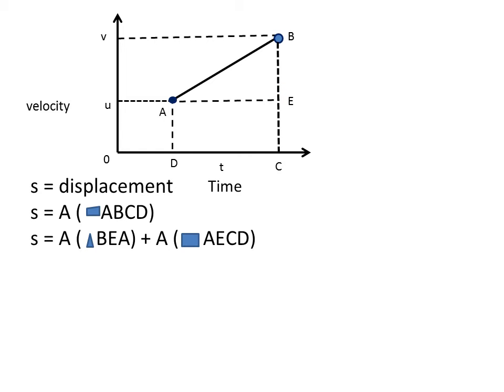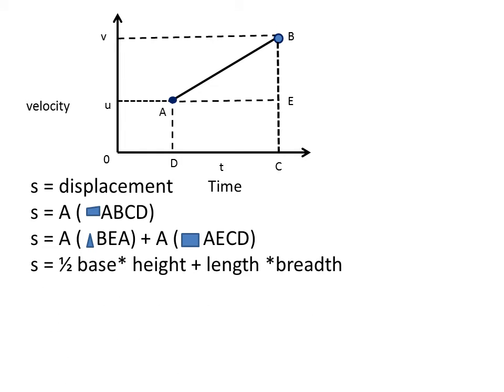Okay, so how to find out area of rectangle? What is the formula for the same? Length into breadth. So what is length here? Length is AE, or you can take DC, and breadth is you can take CE or AD, isn't it? So let us write down that here.